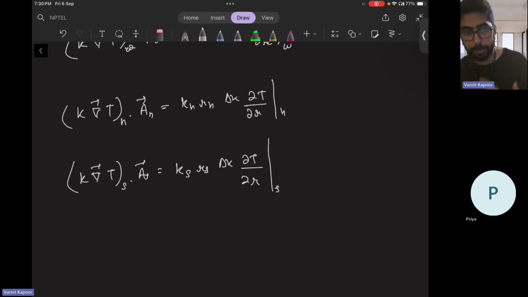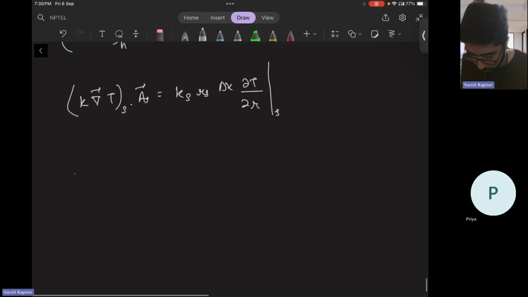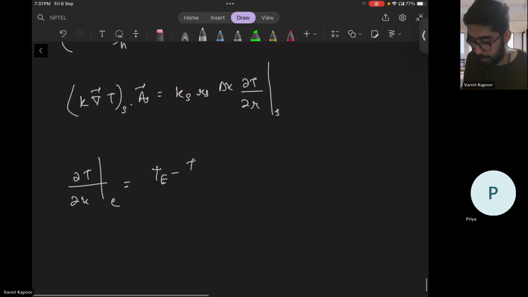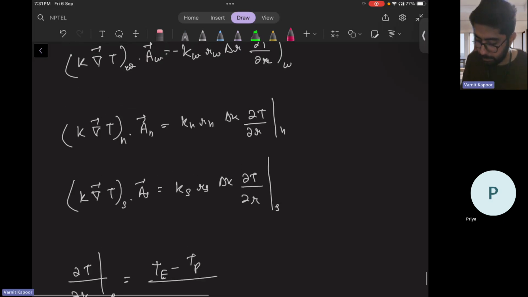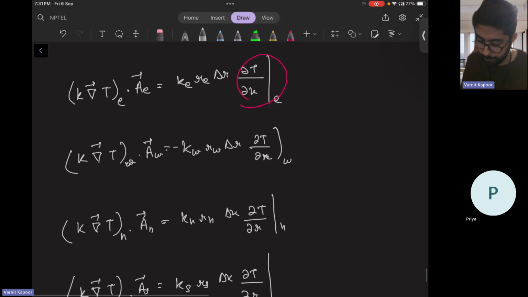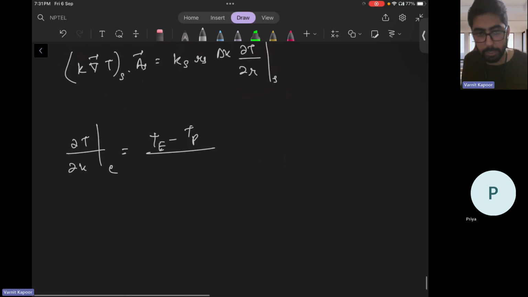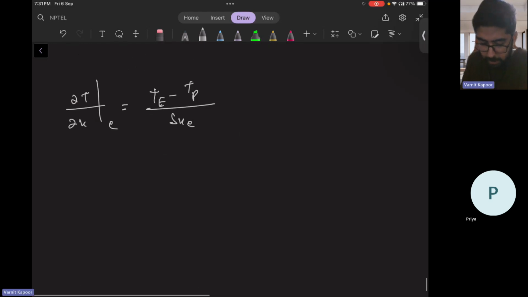Now we'll write dou T by dou X and dou T by dou R. Dou T by dou X of east, if I'm writing, will be T east minus TP over del XE. Similarly, you can write for west, north, south.